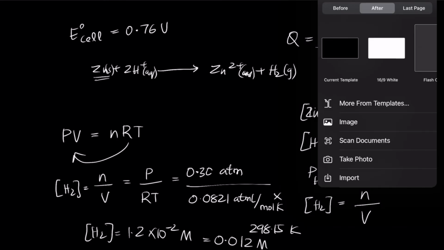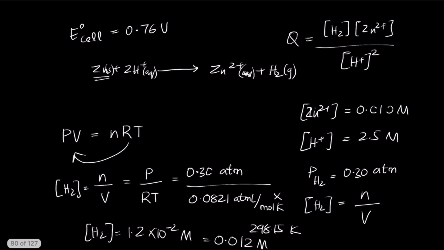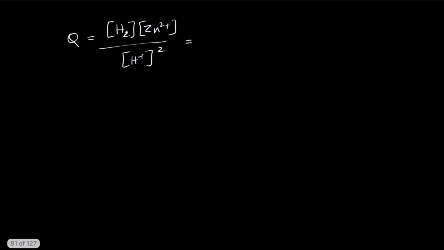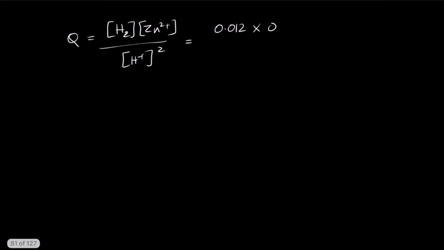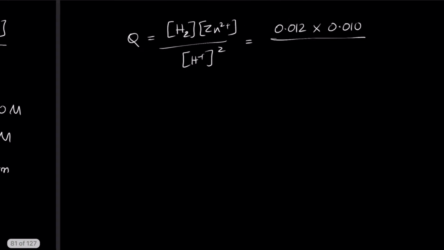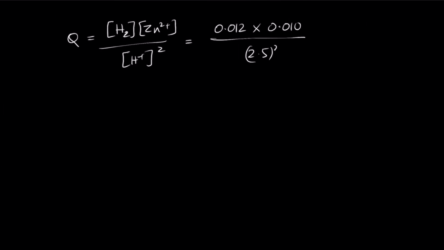From this we can directly calculate the Q value right here. So the Q value is the concentration of H2 times the concentration of Zn2+ over the concentration of H+ squared. So the concentration of H2 is 0.012 M times the concentration of Zn2+, 0.010 M, divided by the concentration of H+, 2.5, squared.